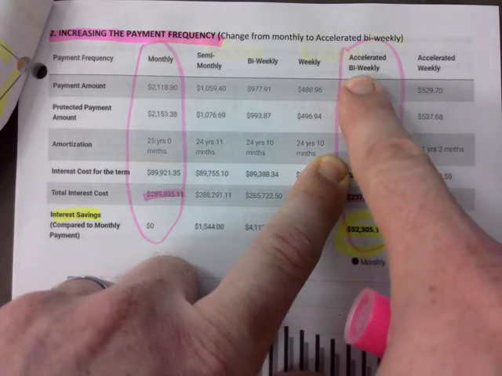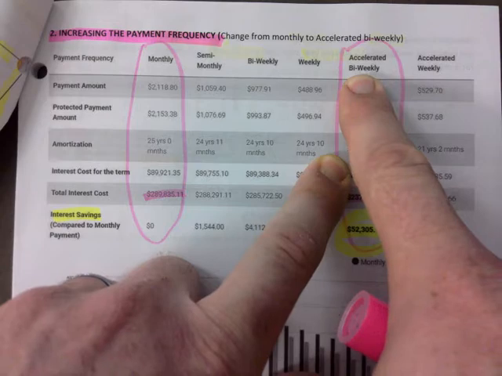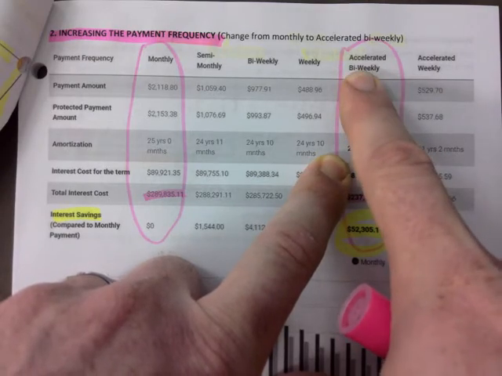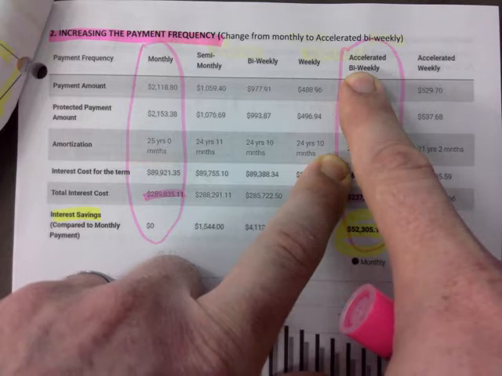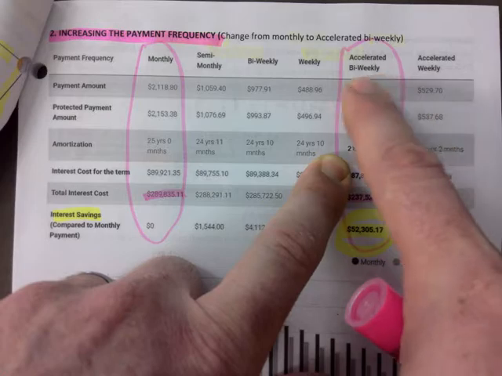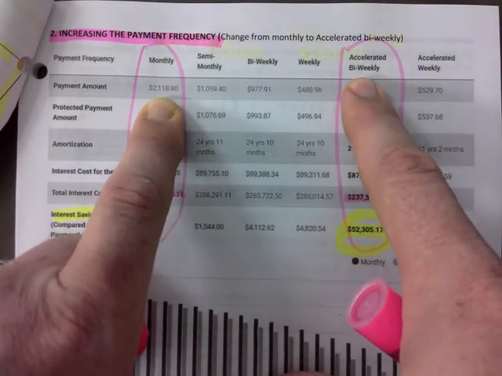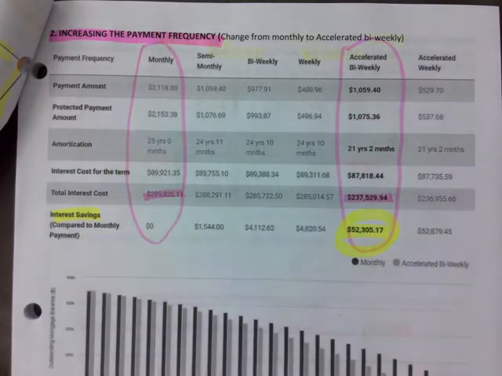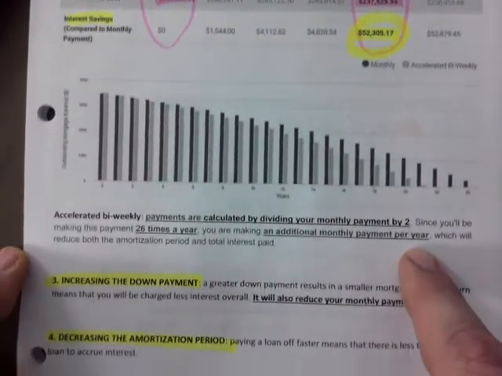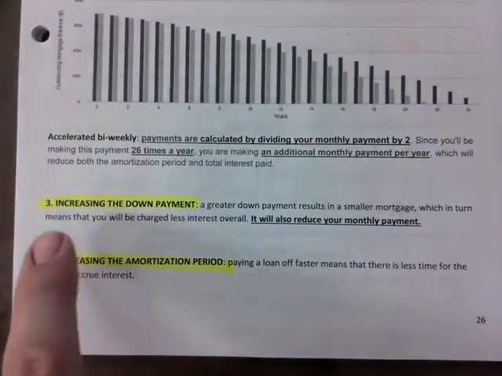If you go with bi-weekly, which is every 2 weeks, you end up paying 2 extra payments a year. That's why, because 52 weeks divided by 2 is 26. You make 26 payments versus only 12.